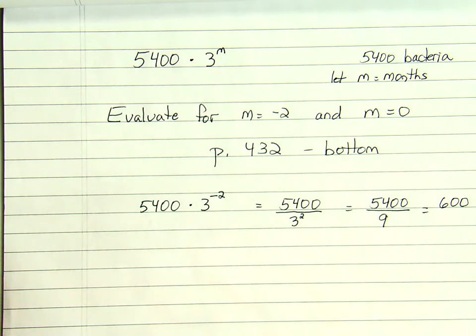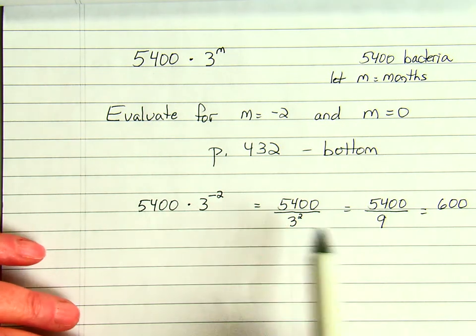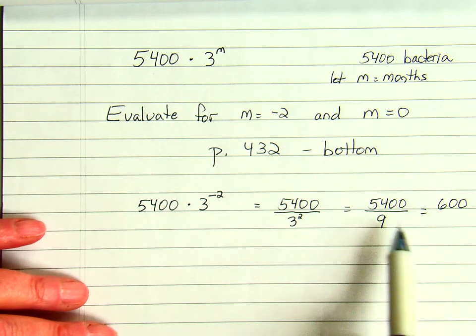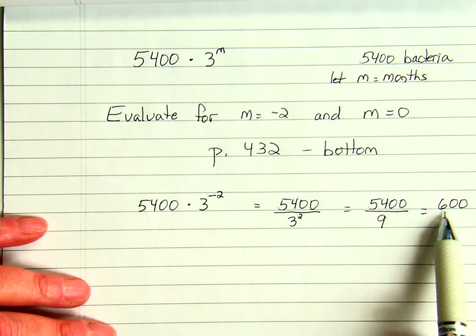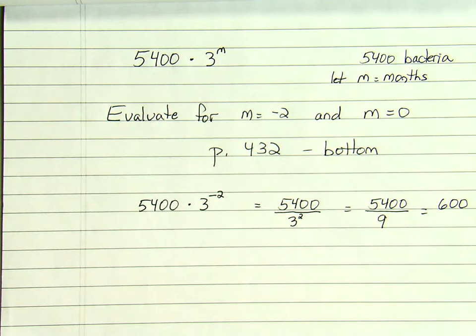Note the -2 brought us earlier. So in another month, this would triple. When you triple 600, 3 times that is 1,800. And then it would triple again, and that's where you get your 5,400. So this is 2 months prior to when it was 5,400.